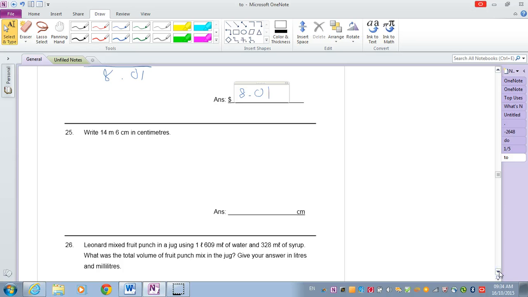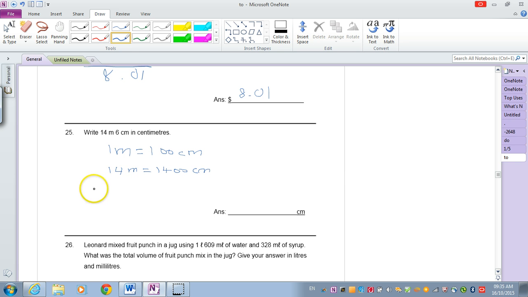Write 14 meters 6 cm in centimeters. Now for such a question, you have to write down first that 1 meter is equal to 100 cm. So if I have 14 meters, that would give me 1,400 centimeters.